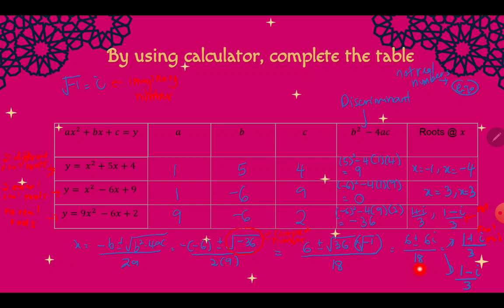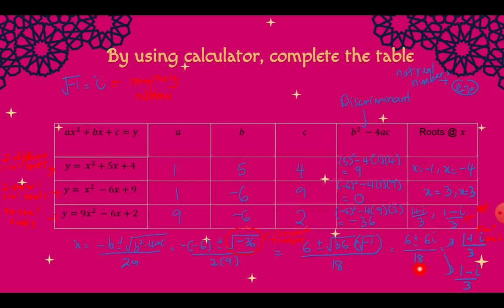These are the three types of roots: two different real roots, two equal real roots, and no real roots. These are the things that we are going to learn today.